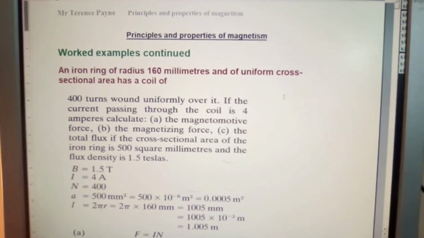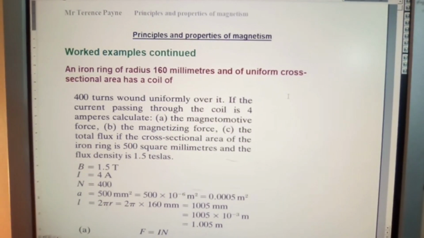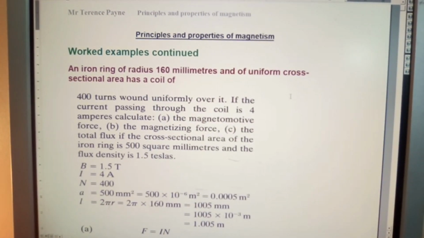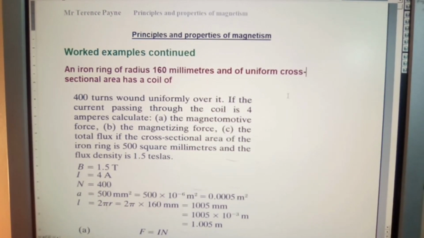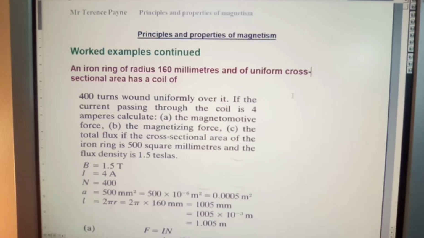Now we're talking about teslas, but this is nothing to do with the Tesla car. It's just that that's the unit of measurement we use in regards to flux density.